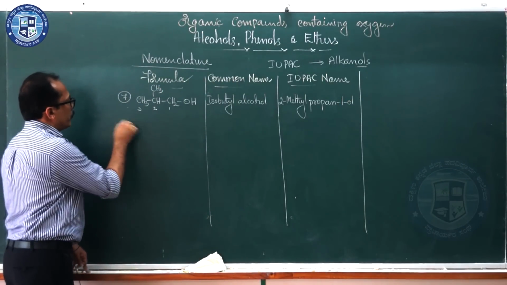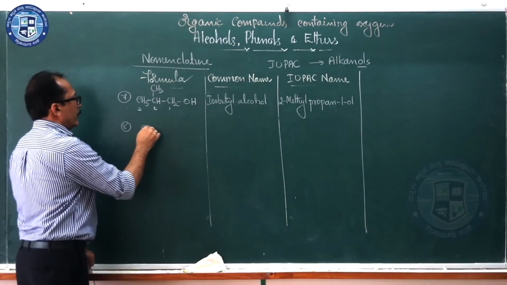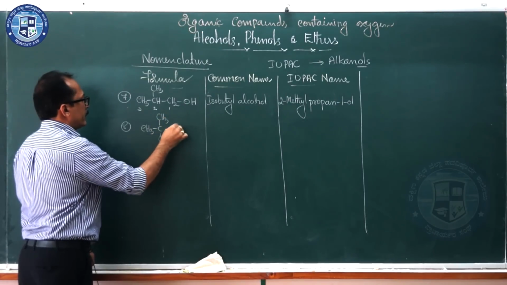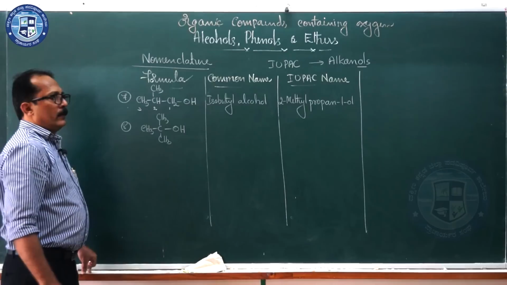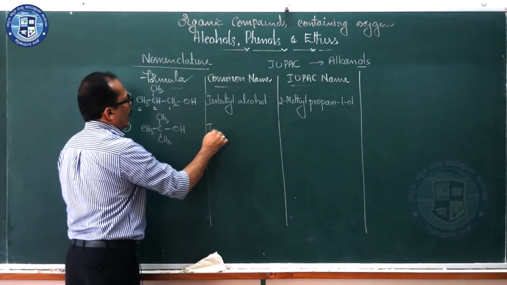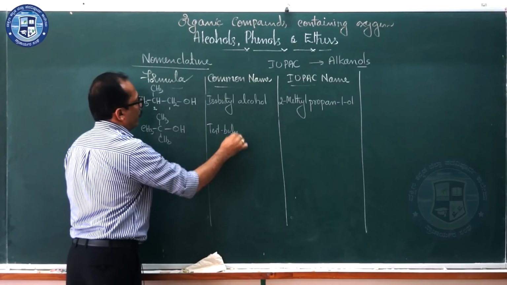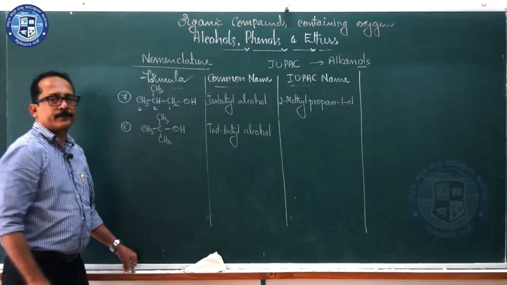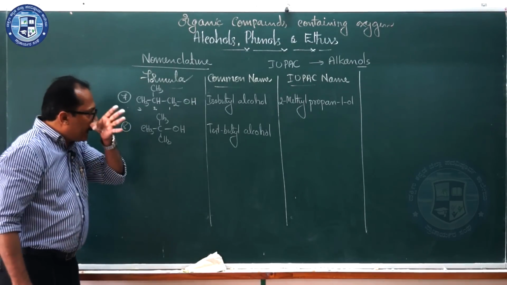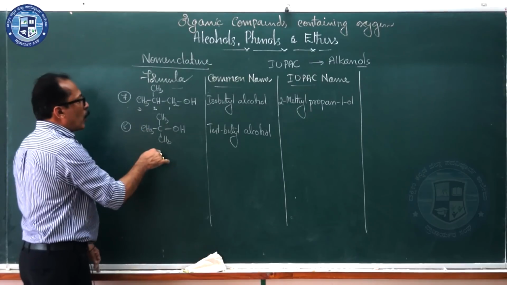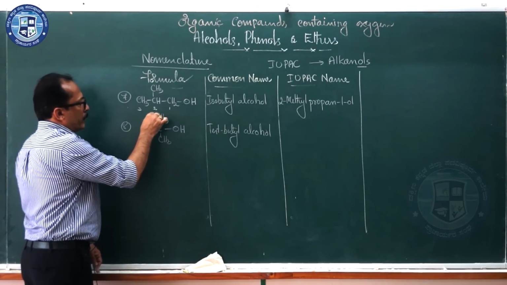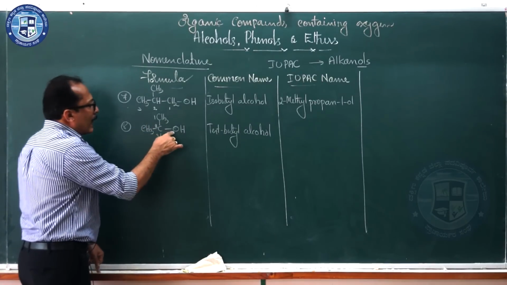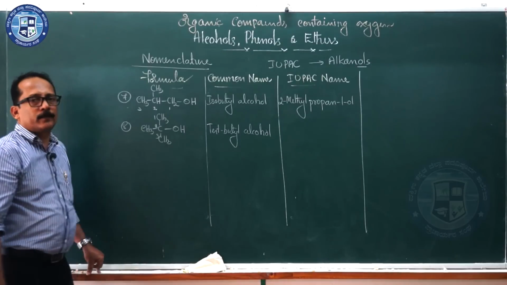One more compound, CH3, C, CH3, CH3, OH. This is called tertiary butyl alcohol, the common name. Regarding the IUPAC name for this compound, first you have to select the longest carbon chain: first carbon, second carbon, third carbon. At the second carbon there is one OH group and a methyl group.